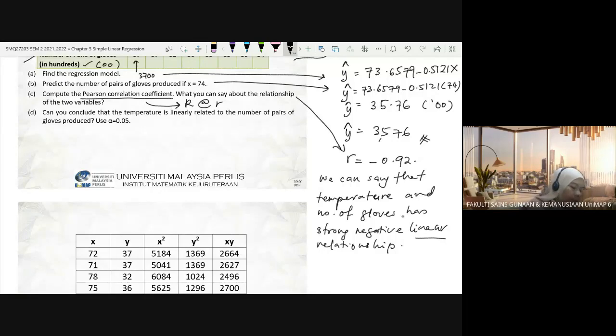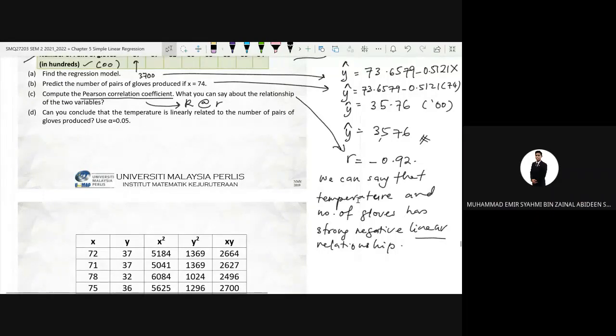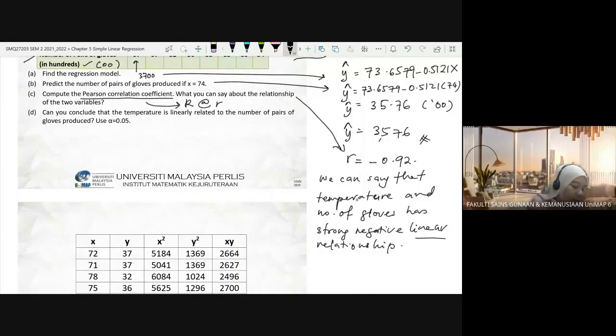Okay, Doctor, I have a question. Yes. How do you know the value is strong? I mean, what is the range? Is it 0.8 or 0.7? Last time we discussed that R ranges from -1 to +1.